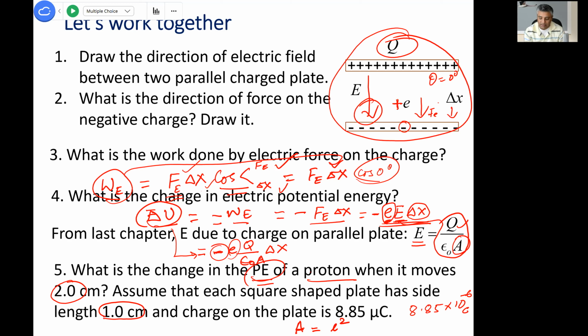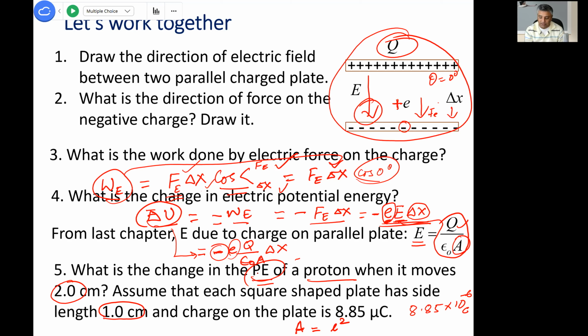And potential energy, its unit is joule, okay? Joule is the same as Newton times meter. So that's how you do the calculation. Basically, you're just plugging in these numbers right there, these numbers over there, and getting the answer.